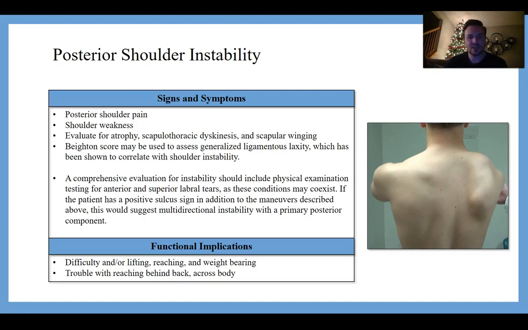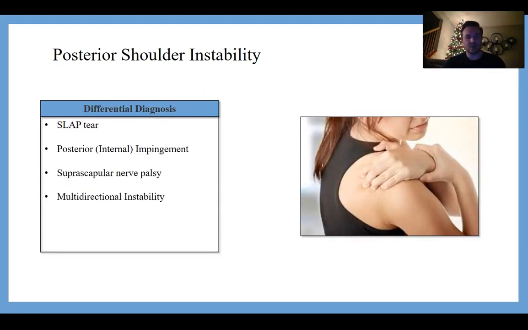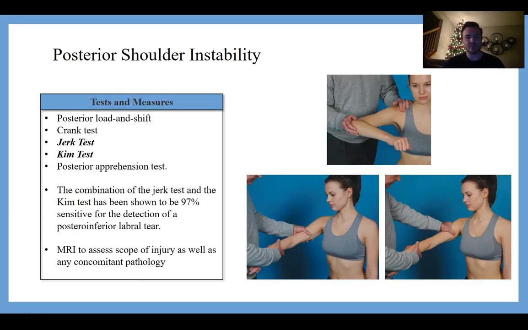But shoulder weakness, and the big one is posterior shoulder pain, is the big dog here, and what people complain of when they have posterior shoulder, quote-unquote, instability or labral tear. Functional implications: you're going to have difficulty lifting, reaching, and weight-bearing, and trouble reaching behind the back and across the body. So our differential diagnosis includes SLAP tears, posterior or internal impingement, suprascapular nerve palsy, and multi-directional instability.